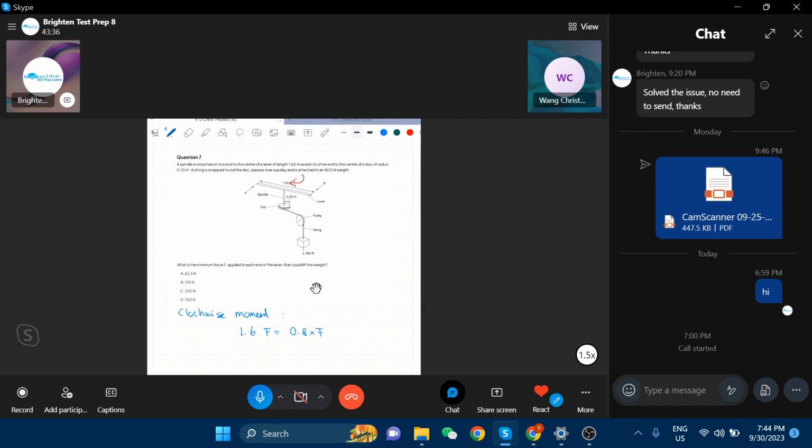Exactly. Yeah, very good. I will write it down as a plus because they're adding up, but of course you can write twice. Okay, so we have a total moment clockwise of 1.6 f, right? Now, what is the anti-clockwise moment?